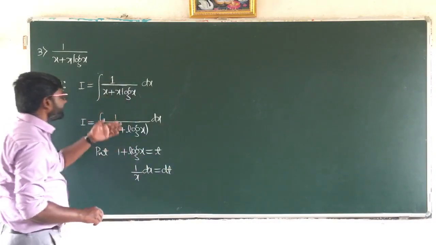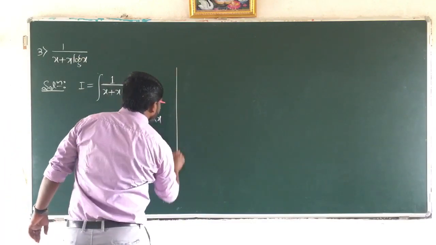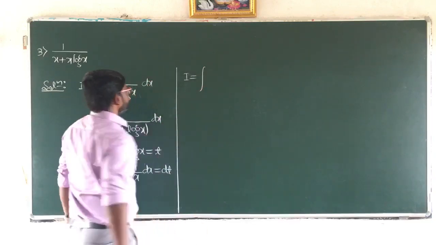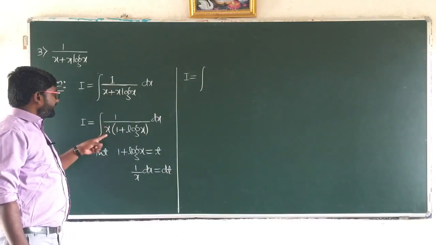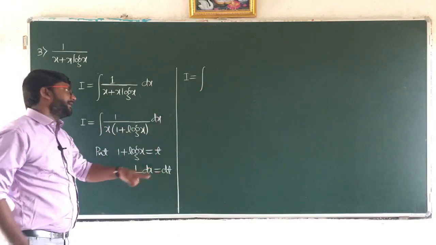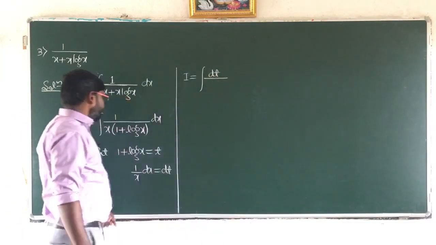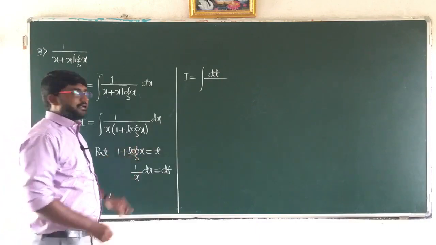So let us rewrite the integral. I is equal to the integral, see here, 1 by x dx will be dt. So write that as dt divided by 1 plus log x, which is t.